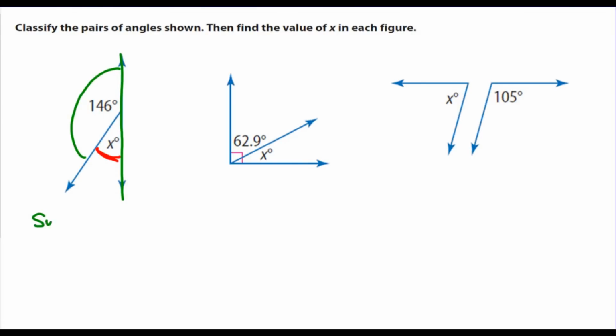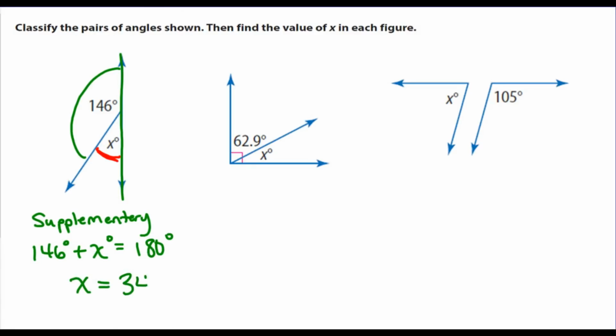So that means they are supplementary. So I know that if I add 146 degrees plus x degrees, I should get 180 degrees. So therefore, x has to be 34 degrees. So this is a 34-degree angle right there.